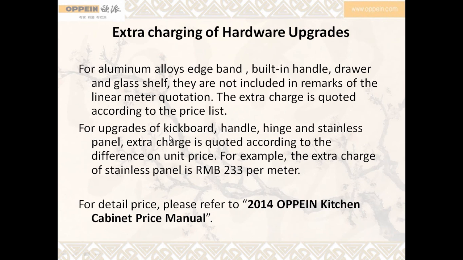For upgrades of kickboard, handle, hinge, and stainless panel, extra charge is quoted according to the difference on unit price. For example, the extra charge of stainless panel is 233 RMB per meter. For detailed price, please refer to 2014 OPPEIN Kitchen Cabinet Price Manual.